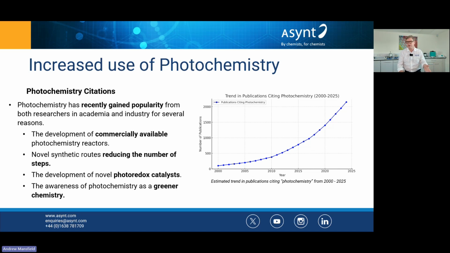And those modern photoredox catalysts that are being developed allow us to move away from UV light sources, those shorter wavelengths, to visible light, which opens up lots of possibilities for safety, but also for apparatus use. And it's also that awareness of photochemistry as potentially a greener chemistry. And that's really a key driver in lots of industries to make ourselves more sustainable.